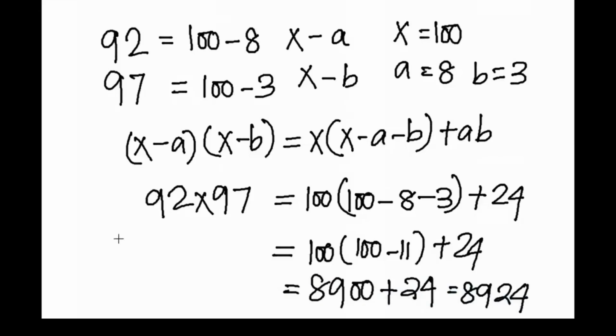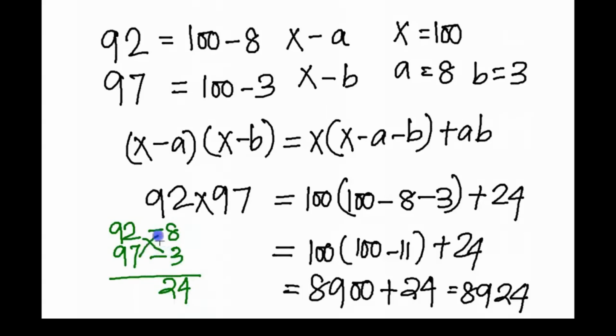So in our application part, let's check out how this thing is working. For our case, like how we can map it here, we have 92 and 97. We write this is 8 less, this is 3 less, then you multiply 8 into 3, 24.